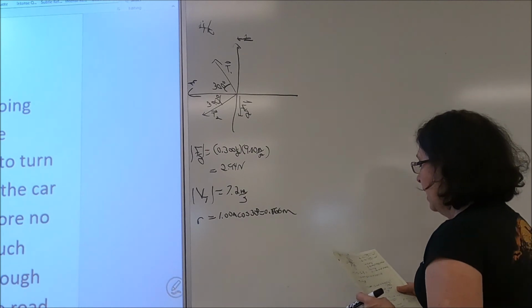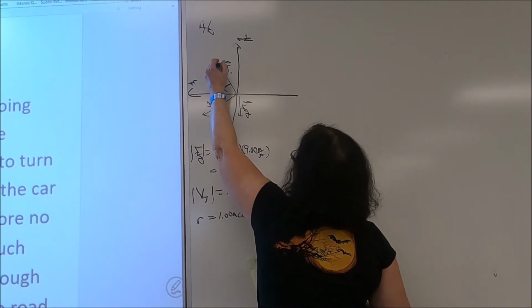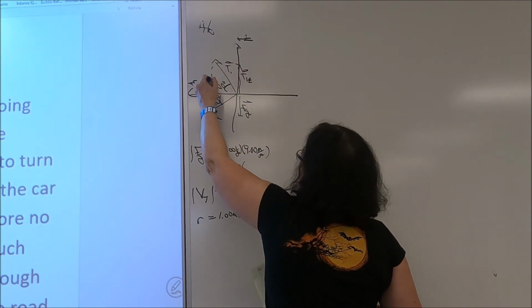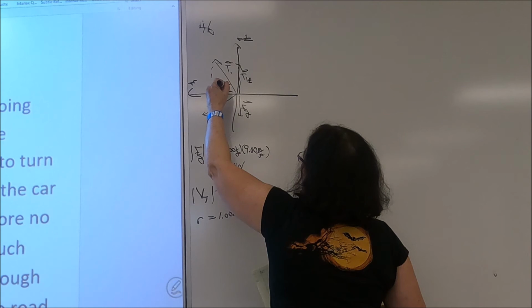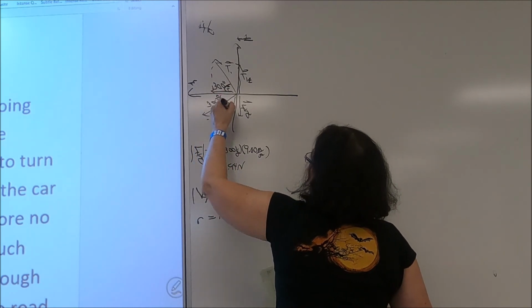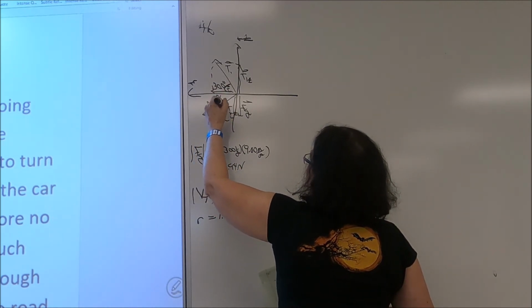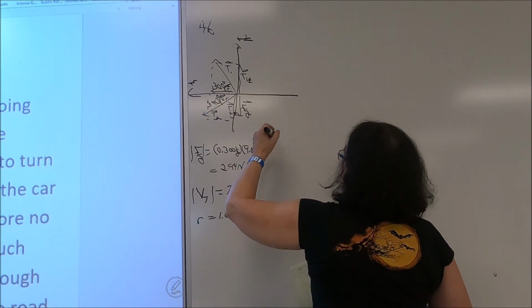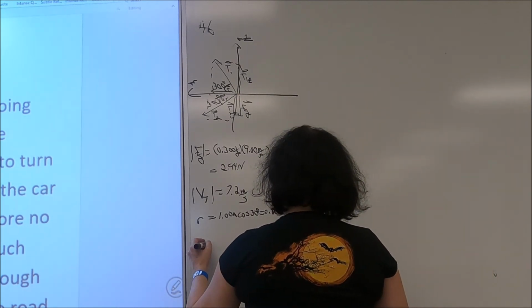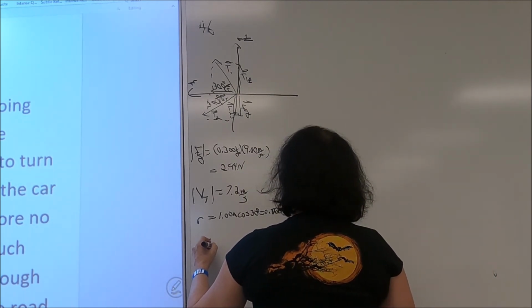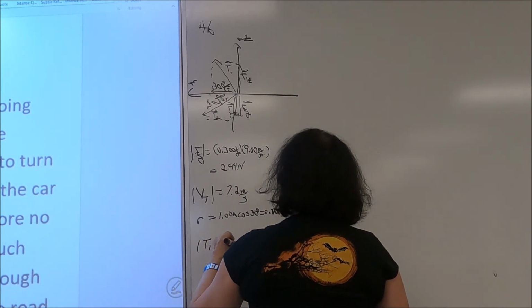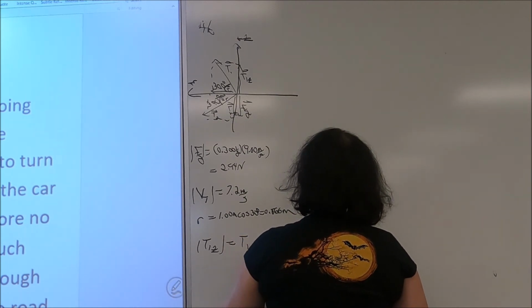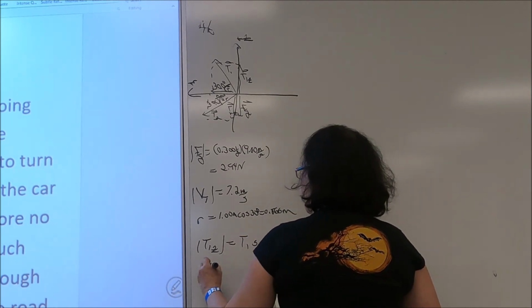All right, now, if I think about my tensions, I'm going to have a T1Z and a T1R. I'm going to have a T2Z and a T2R. So I know that T1Z in magnitude is going to be T1 times the sine of 30 degrees.